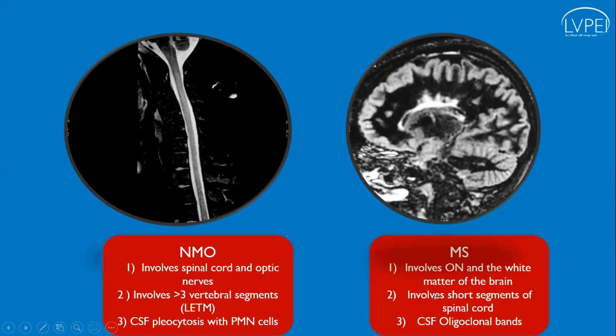In the spine, there is involvement of short segments of spinal cord, and CSF shows presence of oligoclonal bands. Whereas in NMO, it involves spinal cord and optic nerve. The spinal cord involvement is in the form of long segments, and CSF usually will not show oligoclonal bands, but will show pleocytosis with polymorphonuclear cells.